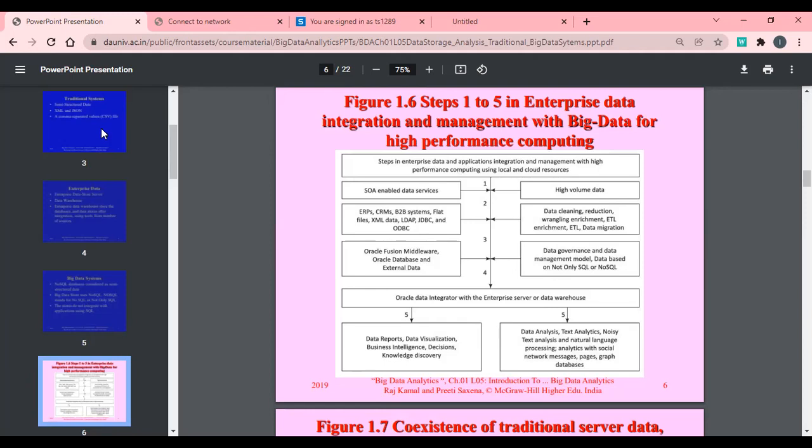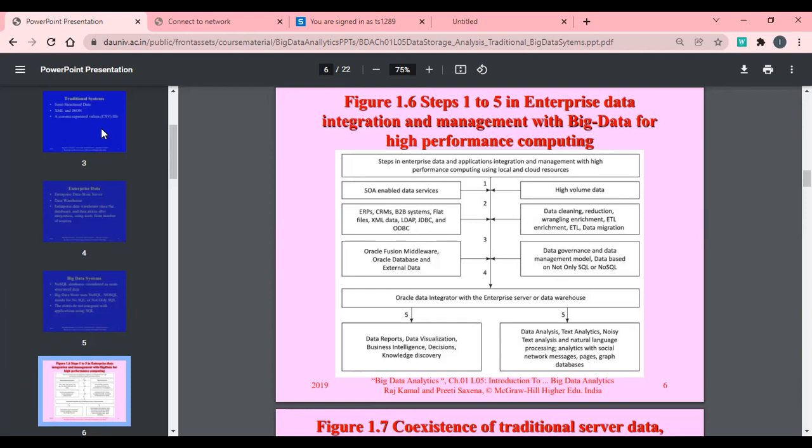And one is data analysis: text analysis, noisy text analysis, natural language processing, analytics with social network pages. A graph database is also possible for enterprise data management with big data. This is enterprise data integration management with big data for high performance computing.